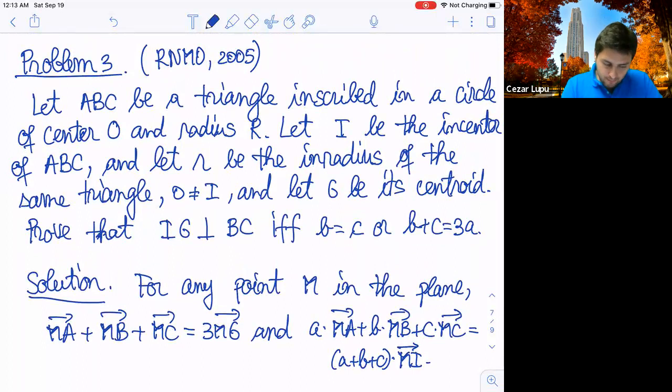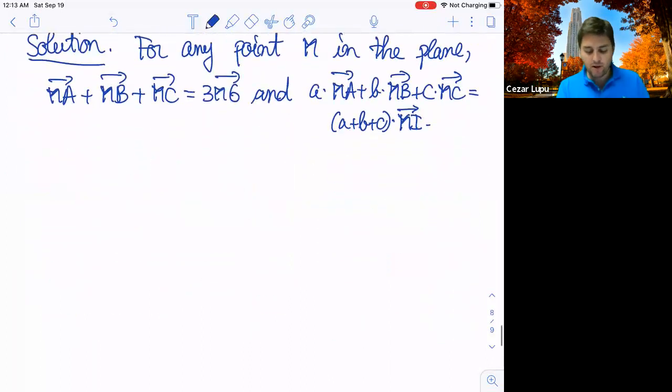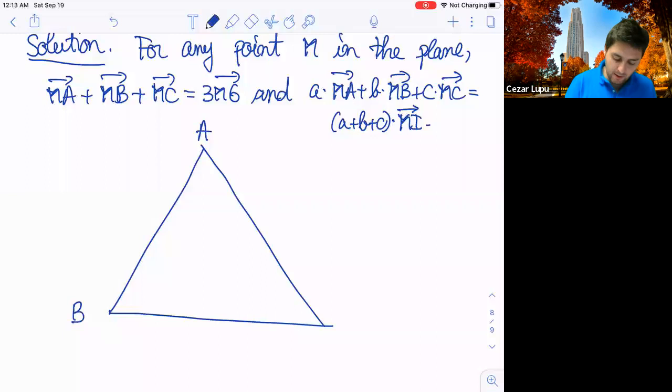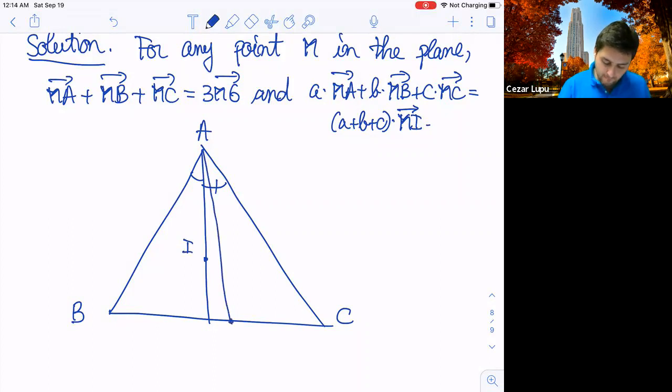All right. Let's draw the triangle. I think it's easier to see a picture here. We have A, B, C, the triangle. Let's draw a bisector. So this is the bisector. Somewhere here on the bisector is I. And let's draw the median.